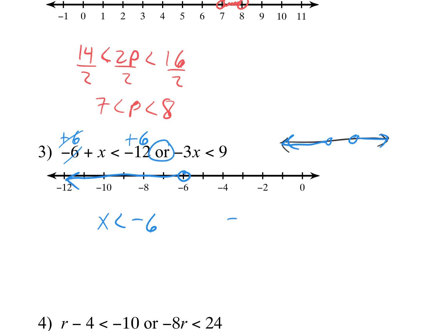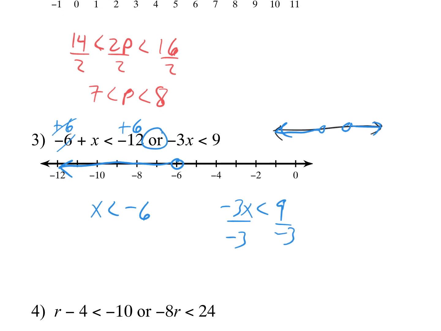All right, and now we have negative 3x is less than 9. How do we get that x by itself? Divide by negative 3. When you divide by negative 3, what do you have to do to that inequality? You change directions, right?